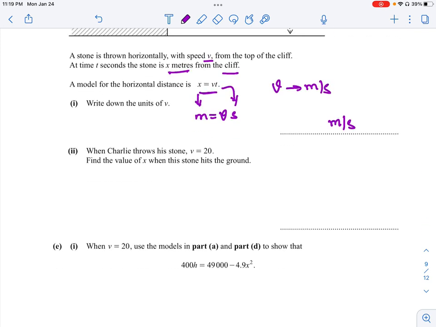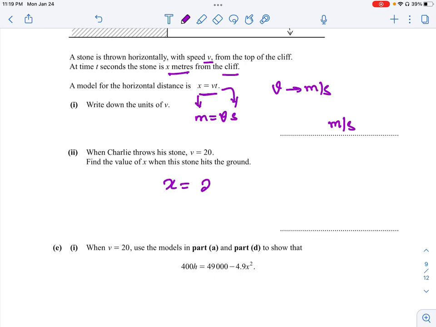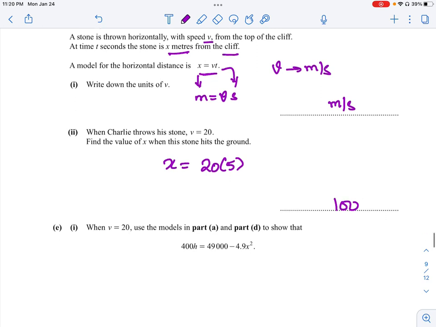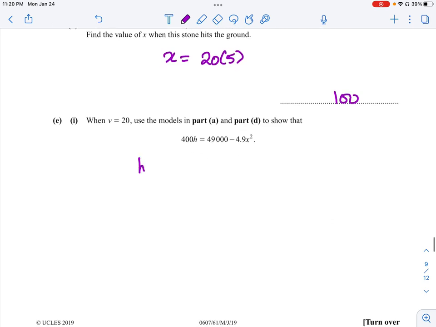When Charlie throws a stone, v equal to 20, find the value of x. So x equals v is 20, time is 5 seconds. So it is going to be 20 times 5, 100. When v is equal to 20, use the models in part A and part B to show that. So we know that h equals 122.5 minus 4.9 t square.